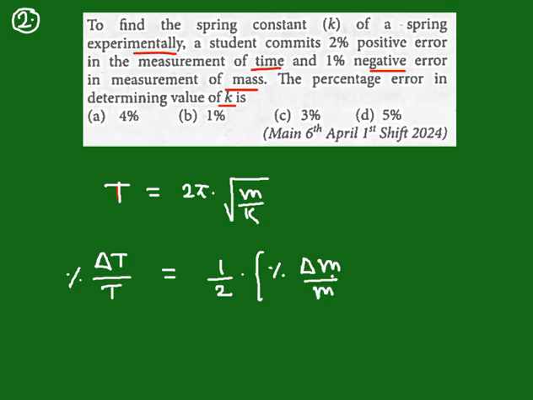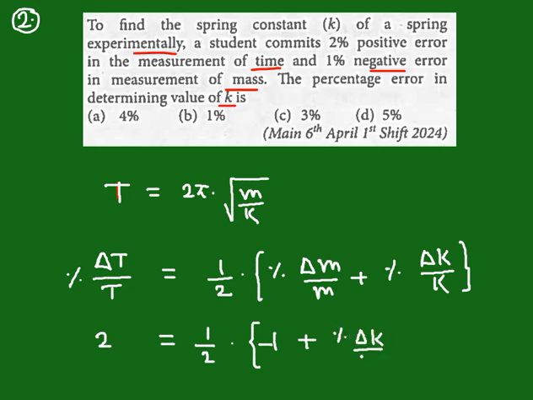Delta m by m in percentage plus percentage delta K by K. Now putting all the values, the percentage error in time is positive, that is equal to 2, and they have given the negative error percentage in mass as 1, so the percentage error in K: solving this, you will get 4 plus 1, that is 5.